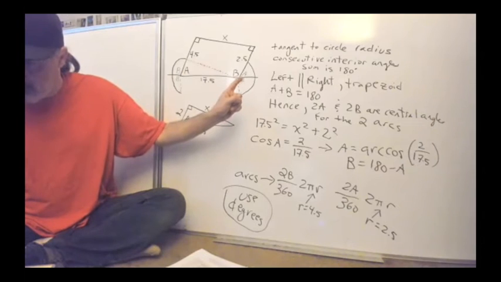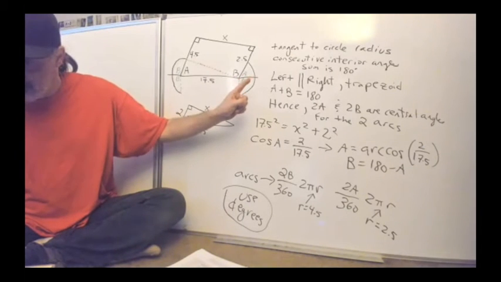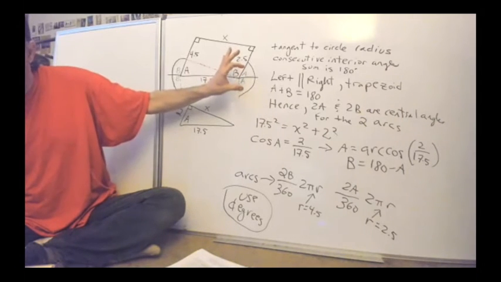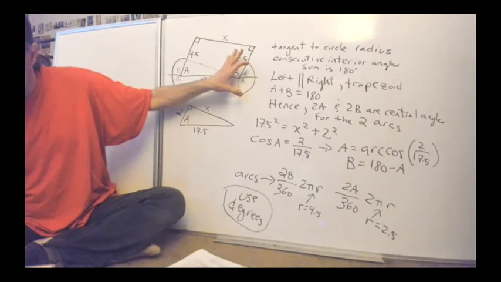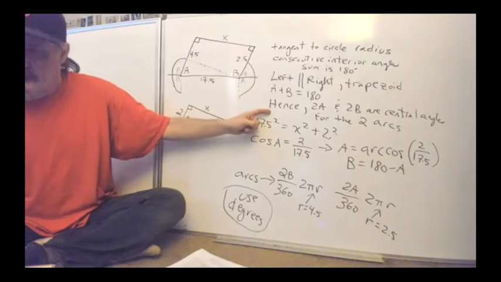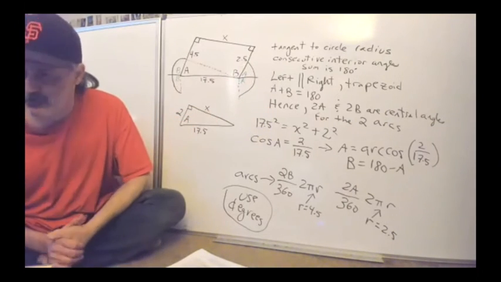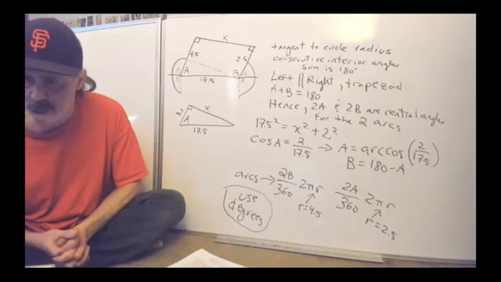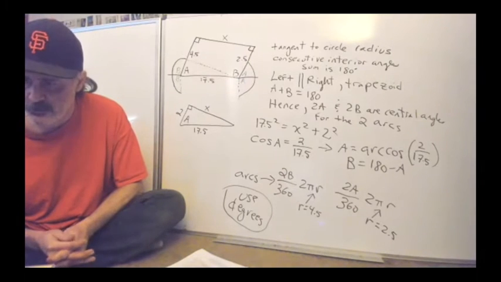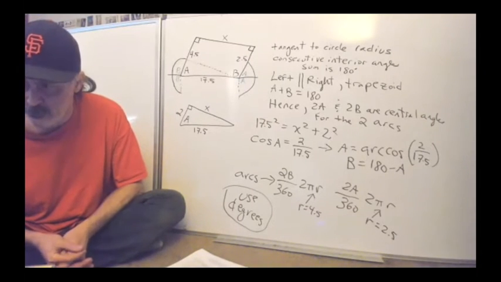For the arc of the smaller gear, the angle is actually A because it's supplementary to B, and then there's the angle on the bottom. So the central angle for the arc of the smaller gear on the right side is 2A. Okay, so now we have to do the math. So that's just establishing the underlying geometry, and why we can set up the problem this way.